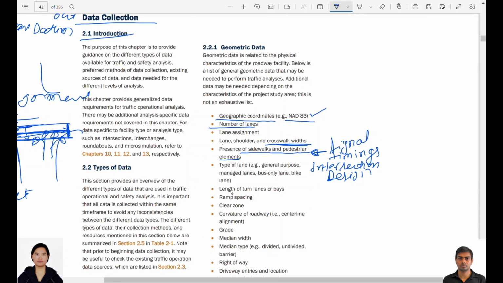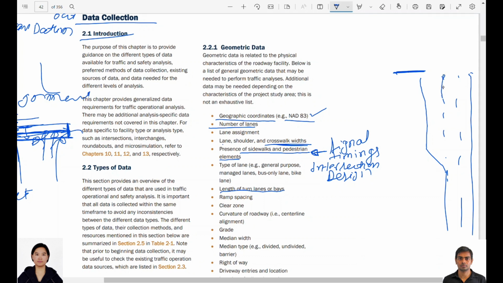Then we have length of turn bay. This is a little bit ambiguous, and we will discuss it in one of our videos. If we have a turn bay which is tapered like this, let's say we have more lanes, the marking usually goes as a solid line till here.